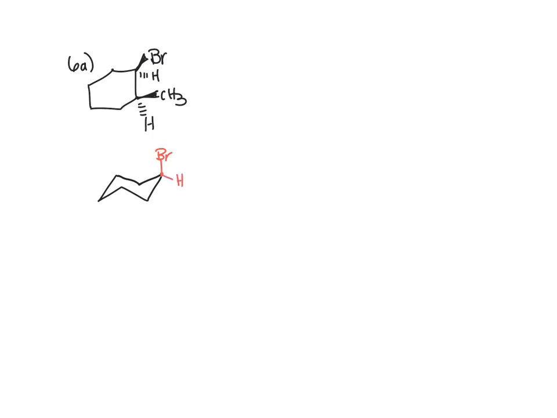That puts the hydrogen there. Okay, so that's my alpha. And then my beta is here. But now beta I have to draw the way it is. So I got Br and CH3 are cis. So my CH3 has to be on the same side. That's up. And then this hydrogen is down.